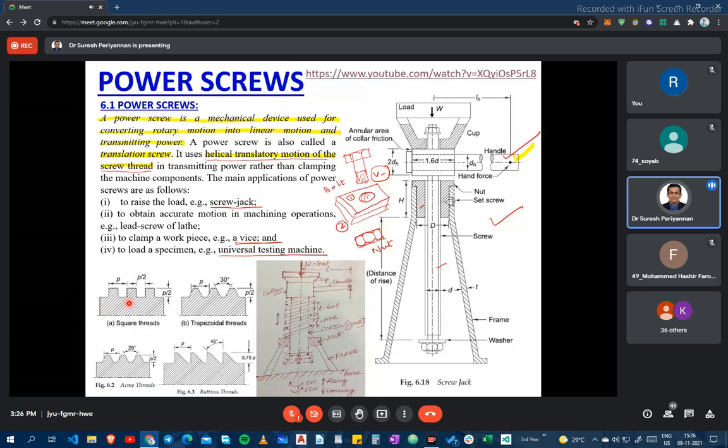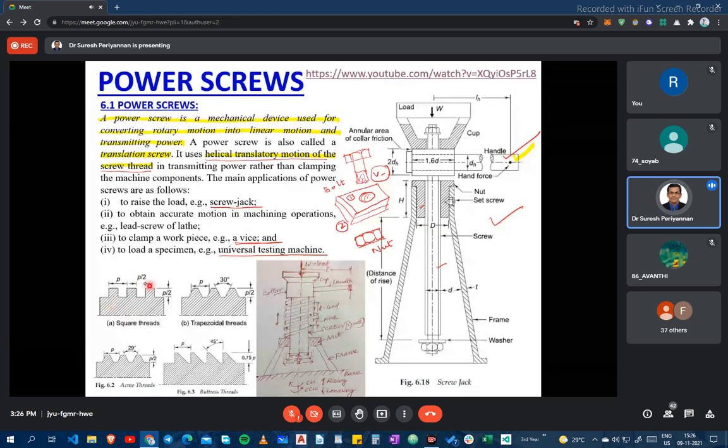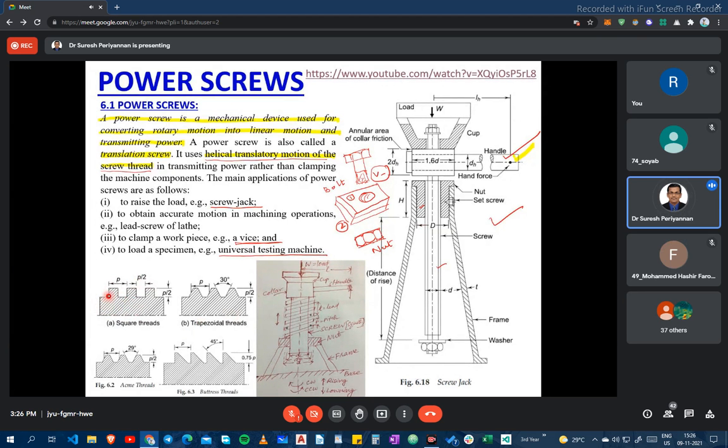Now I come to the disadvantages. Square threads are difficult to manufacture. The strength of the square thread is less than the trapezoidal thread, because the width of the thread is less than that of the trapezoidal thread. A thread with more thickness will withstand more load.